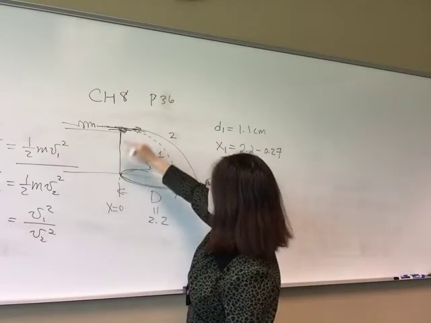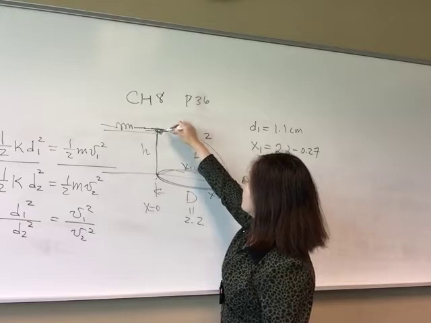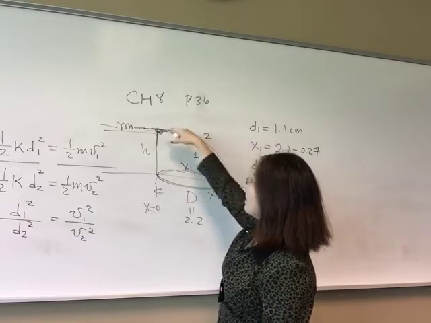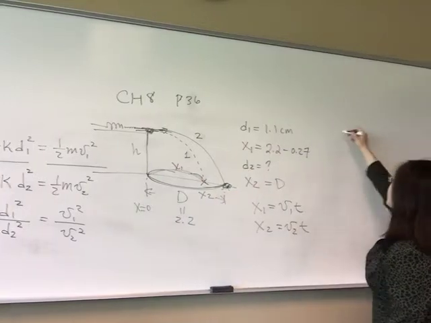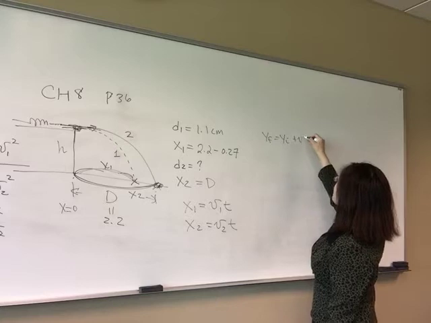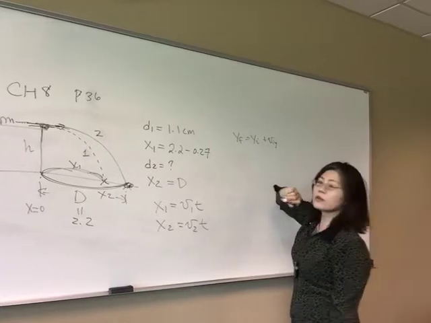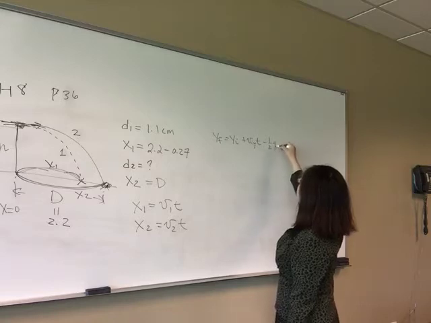That vertical distance, let's say, is h. During the first trial and during the second trial, the marble ball moved the same vertical distance. If you recall, the final position yf is equal to the initial position plus the initial vertical velocity times time, minus 1/2 g t squared.